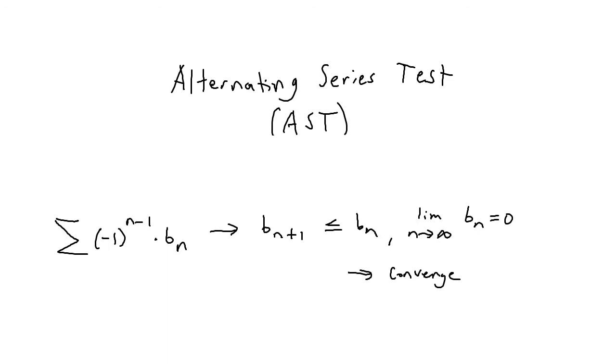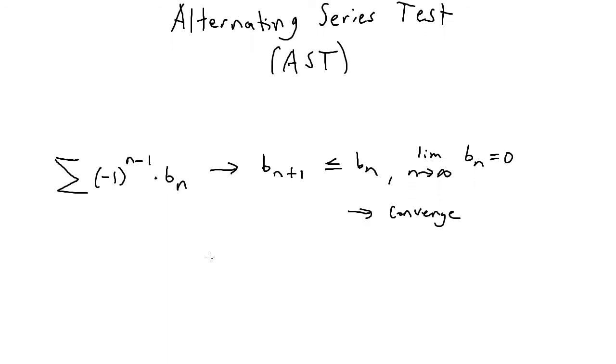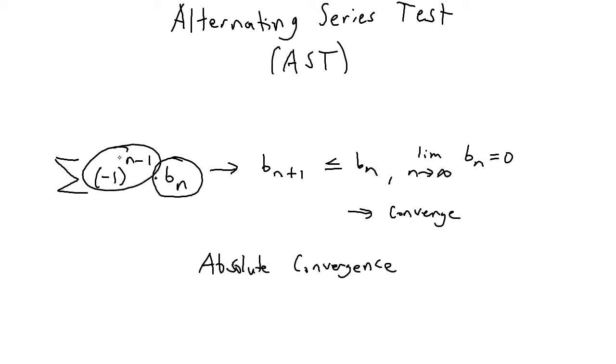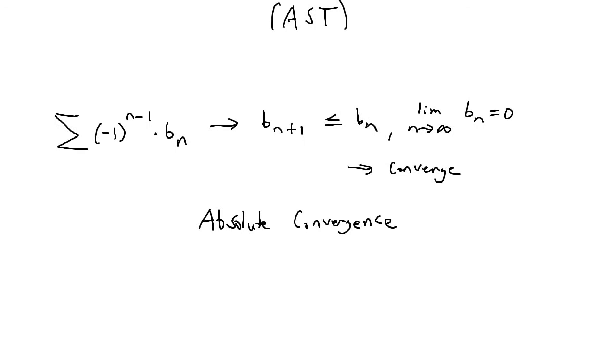Now, to take it a step further, there is also a test for absolute convergence. And for absolute convergence, this is basically testing, does the series b sub n alone, without the help of the alternator, converge? And if it does, it is absolutely convergent.